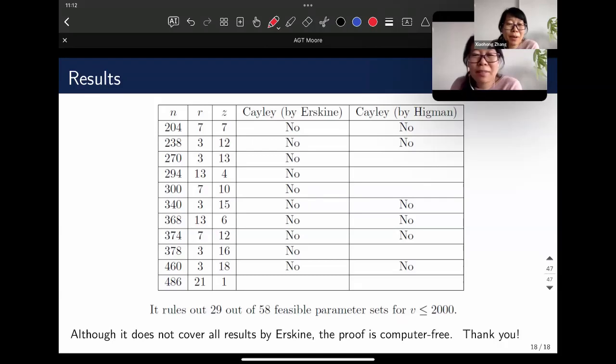So for some of the parameters that your argument doesn't rule out, are there some interesting parameters, something that might be interesting?